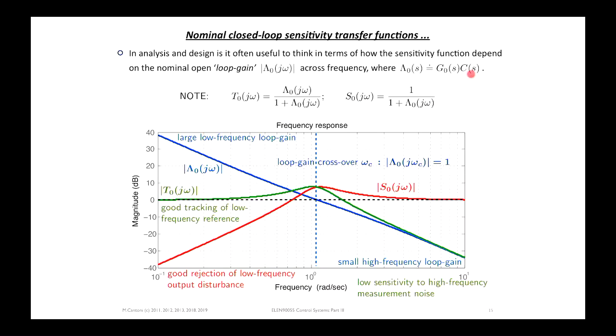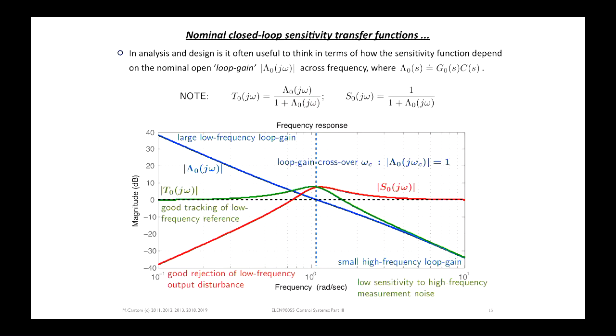So I need to choose my compensator to ensure that at frequencies where I want this to be small, I end up with a loop gain that is large. And that will also make T equal to 1, because I'm getting something large divided by something that is roughly the same size. Because if lambda is large, the size of 1 plus lambda will be pretty close to the size of lambda.